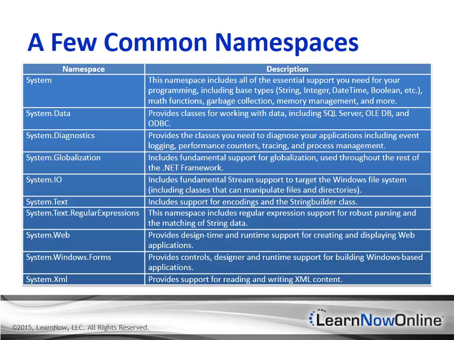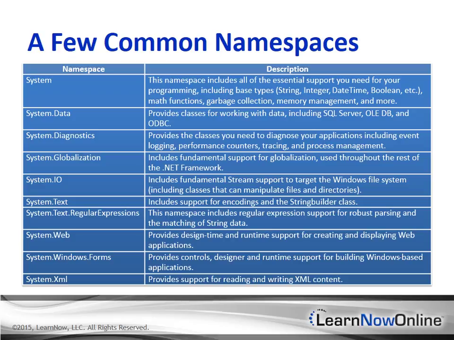And then there's System.Globalization. If your application is going to be used by users of different languages, you'll need to get deep into this namespace. So it includes fundamental support for globalization. The .NET framework was built from the ground up to support globalization. System.IO, another pretty fundamental namespace, includes fundamental stream support to target the Windows file system, including classes that can manipulate files and directories.